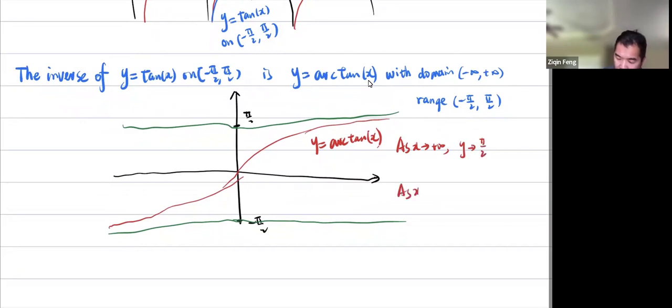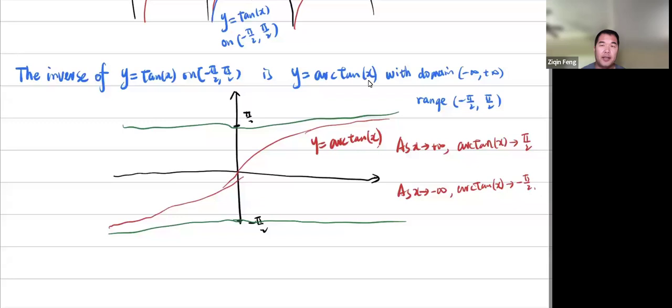As x goes to negative infinity, arctangent of x goes to negative pi over 2.